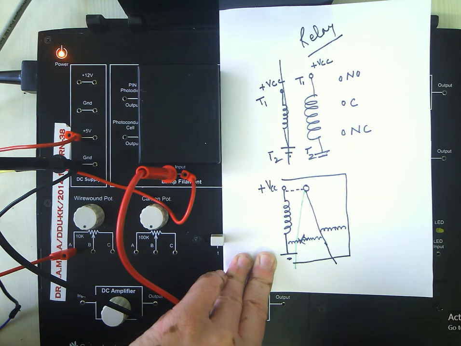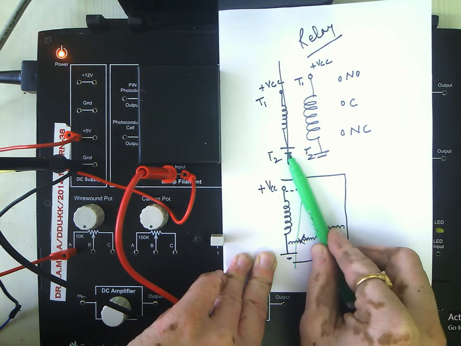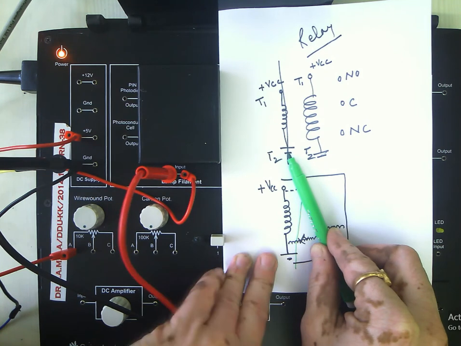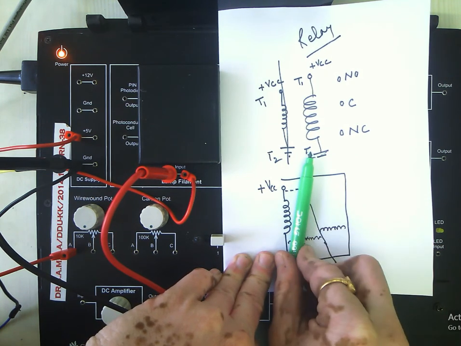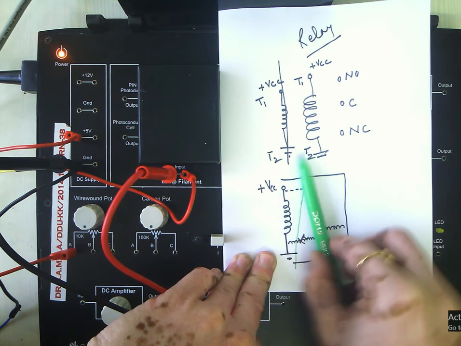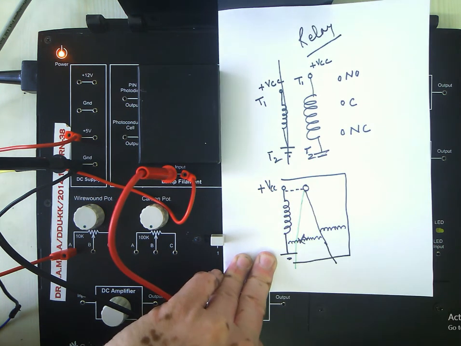So I hope that this is very clear, that this is a switching element. Whenever the coil is energized, it will move like this. It is under the tension of the spring. Whenever we remove the signal, because of the spring, it will get back to its own condition.